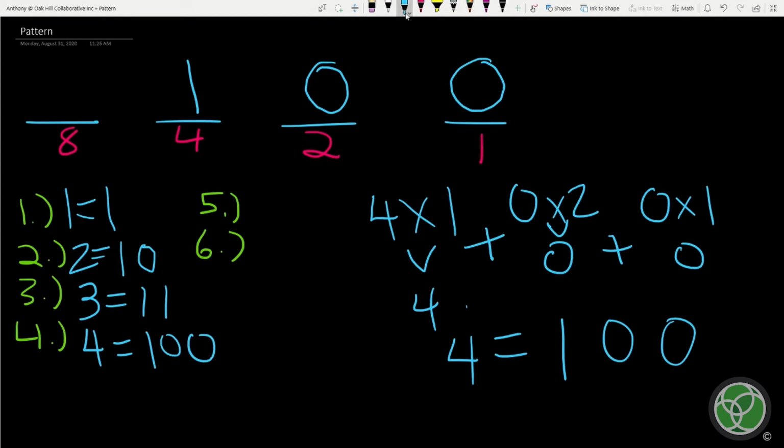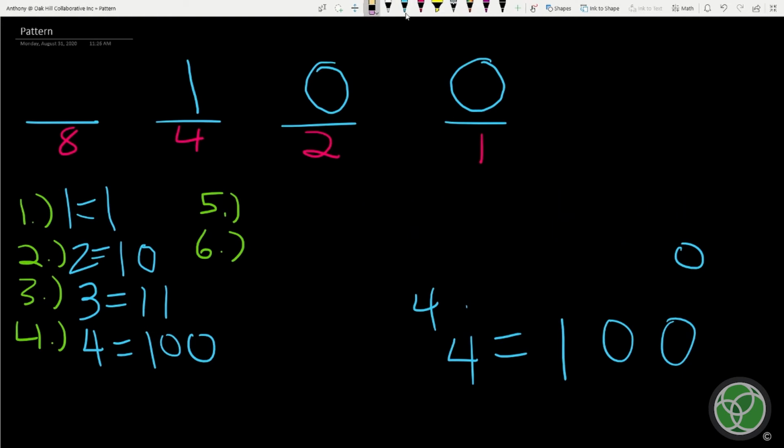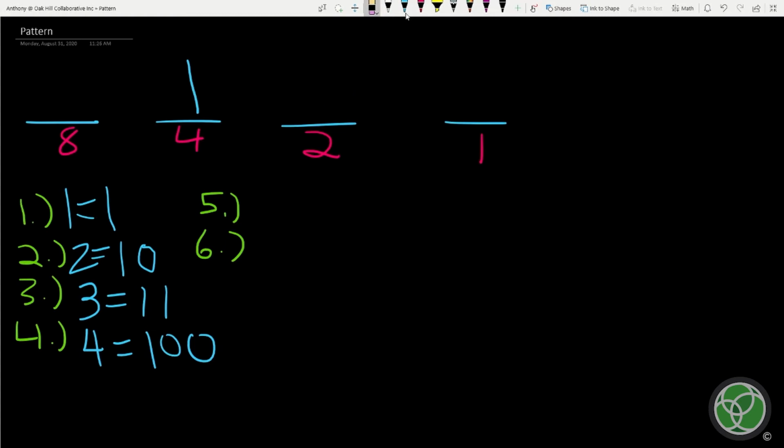All right, so the next step is number 5. And I would like for you guys to try and anticipate or guess what number 5 might be while I make space to solve the next problem. All right, so number 5.